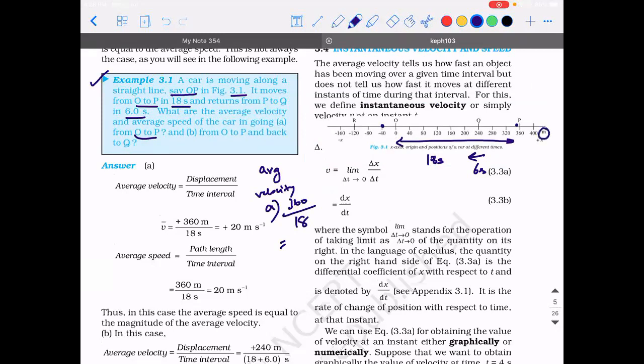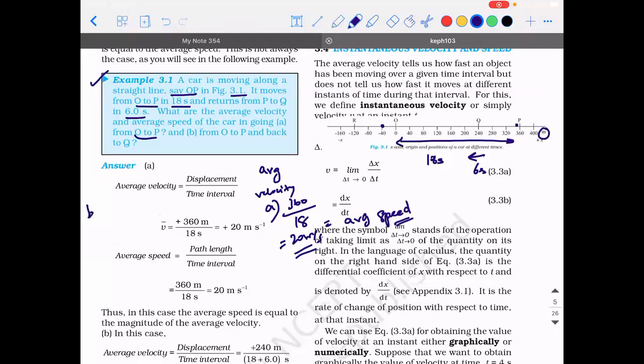X is measured in meter, no? So 20 meter per second. What is the average speed of the car going from O to P? This is also equal to 20 meter per second, the same 20 meters per second.